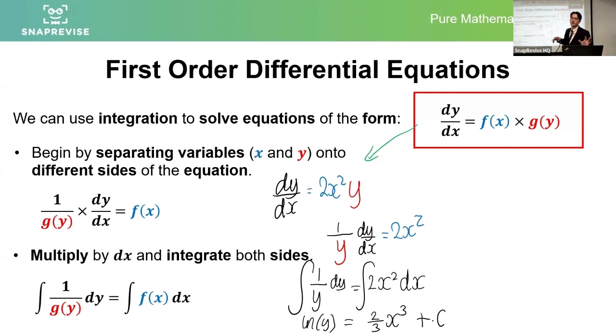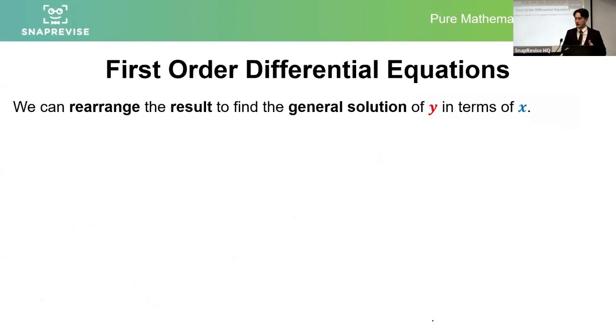So rather than having loads of constants, just write the constant in one place. So it's not like you've done it in a sloppy way and you haven't integrated properly. You have, but you've acknowledged that we can just put the integral's constant all together on one side. So let's keep going. And if we were to carry on with this example, we might want to actually rearrange it.